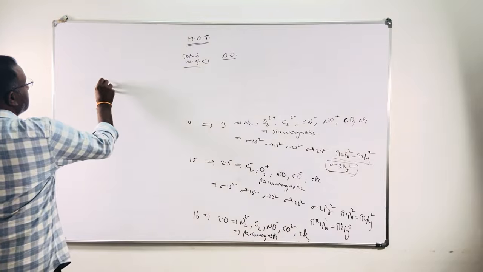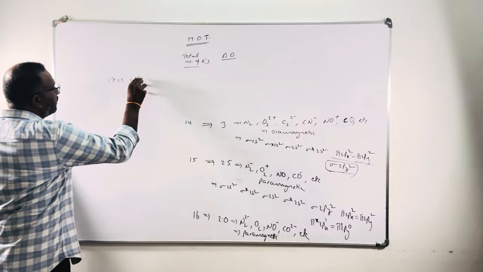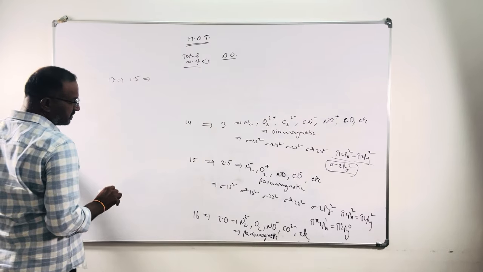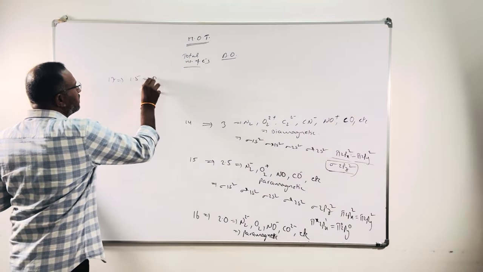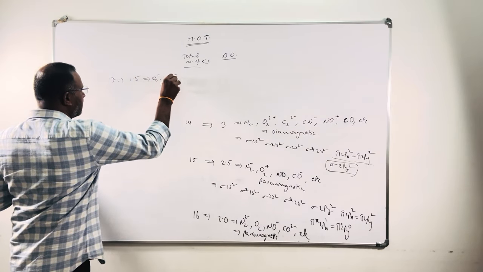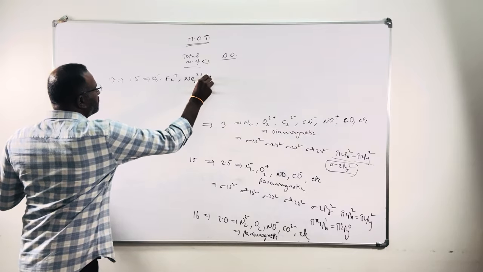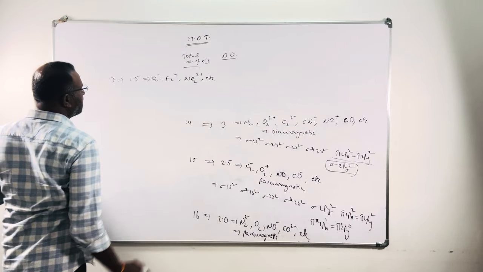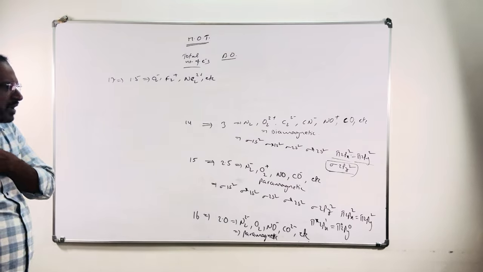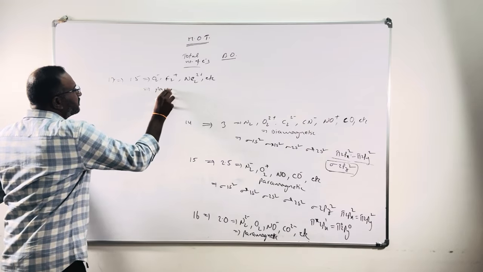If total electrons are 17, bond order is 1.5, and the examples you can write are O2 minus, F2 plus, Ne2 2 plus, etc. In this case it is also paramagnetic.